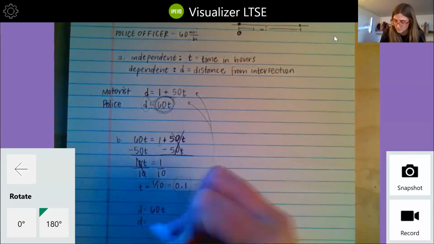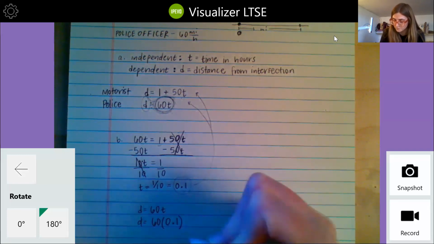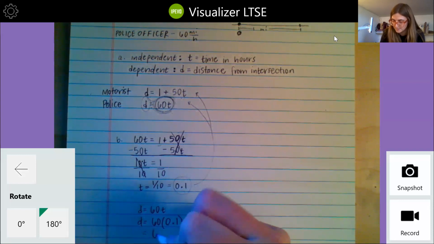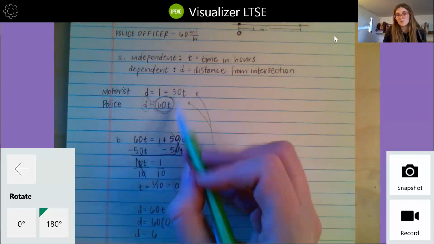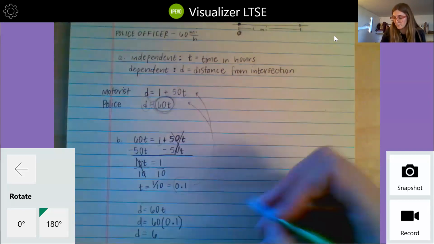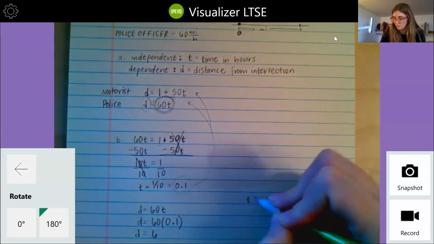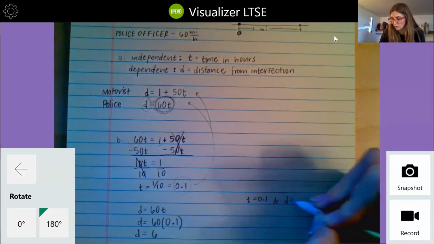So d equals 60 times 0.1, which equals 6. D equals 6. I just found my solution to this system of equations, where t equals 0.1 and d equals 6.